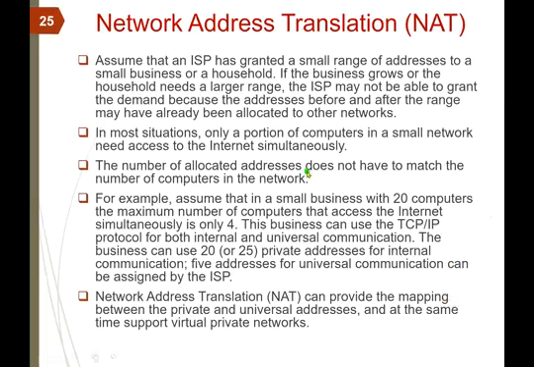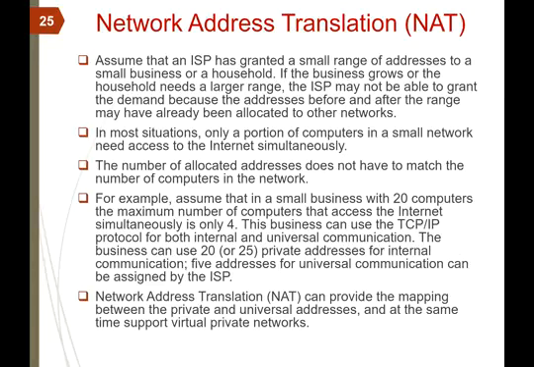Therefore, it's important to use NATs. In most situations, only a portion of the computers in a small network need access to the internet simultaneously. For example, you are at home now and connecting to the internet, but at the same time only several of your computers or devices connect to the internet.